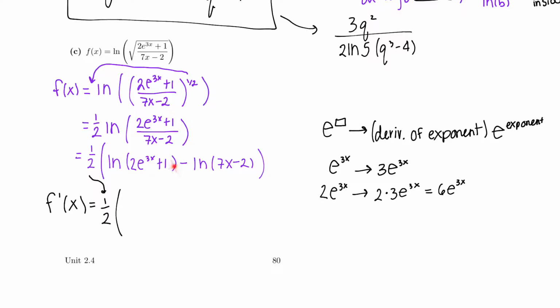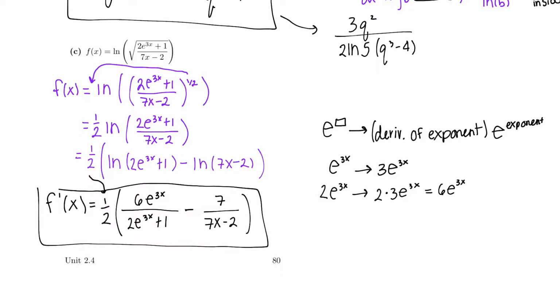So the derivative of this first part is 2 times 3, so 6 e to the 3x, and then the derivative of 1 is 0, over the inside, which is 2 e to the 3x plus 1, minus the derivative of 7x minus 2, which is 7, over 7x minus 2. And there's your entire derivative.